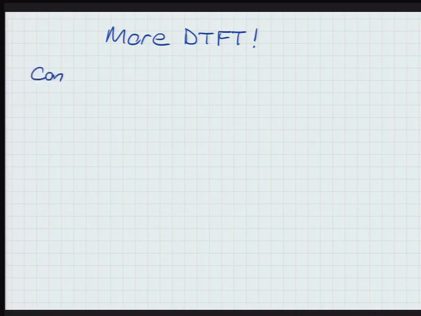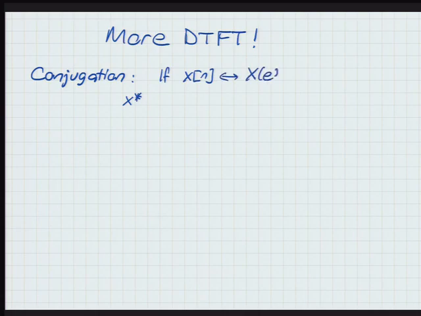So one property that is useful and that has similarities to properties of CTFT is the conjugation property, which says that if I know a signal x has DTFT X(e^{jω}), then x*[n] will have DTFT... You do two things.